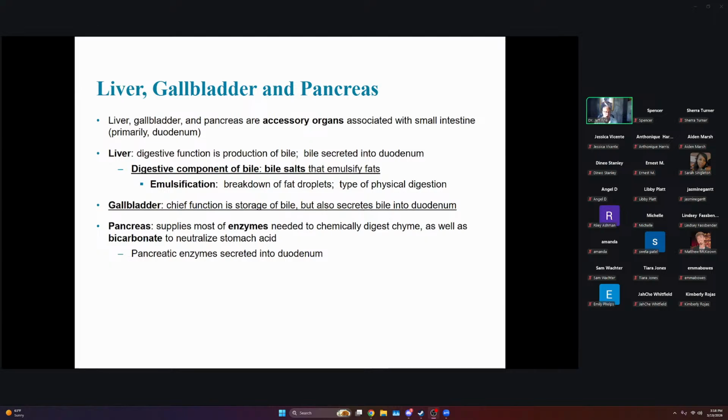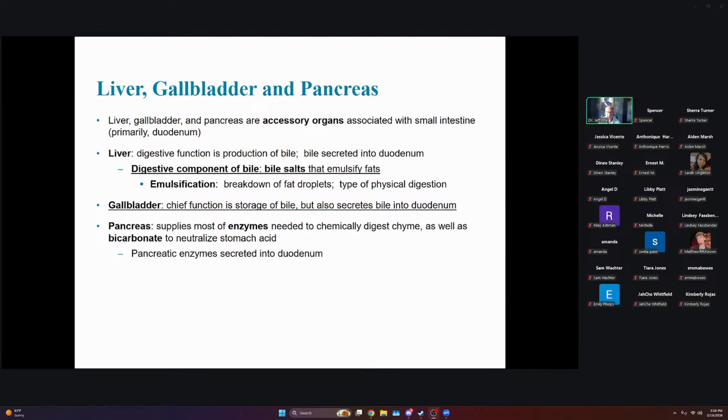Okay? The gallbladder has ducts also that can take that bile that's stored in the gallbladder and deliver it right to the duodenum for the physical digestion of fats. So bile can get to the duodenum from either the liver or the gallbladder.